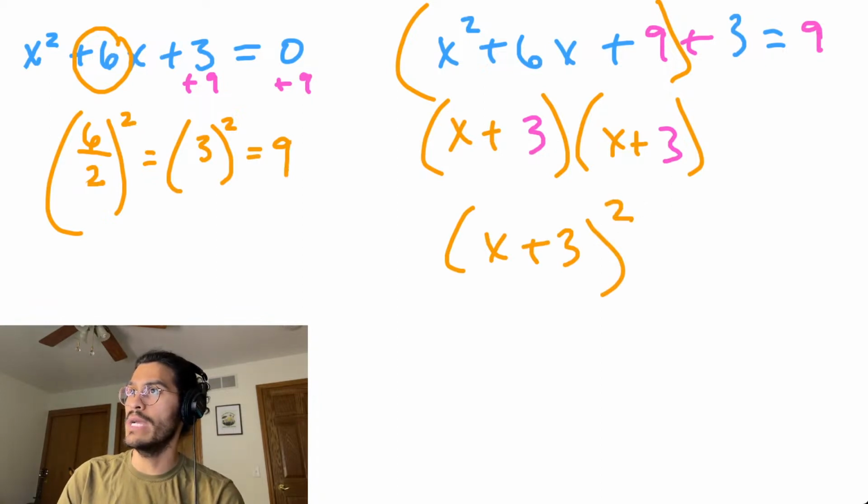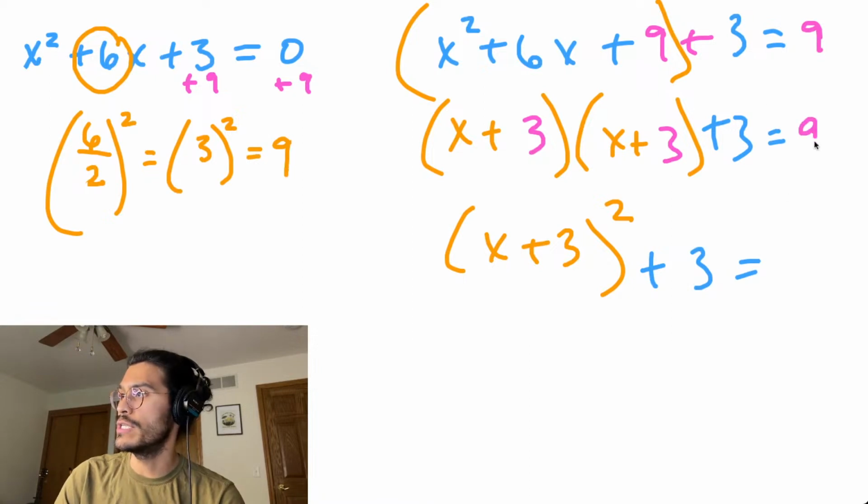Well, that's great, but then we also have this 3, right? We have x plus 3 squared, and we still have this plus 3 left over, which still equals 9 because we had to add it to both sides.